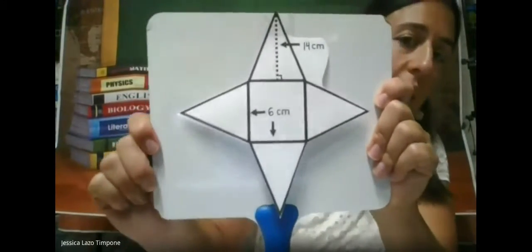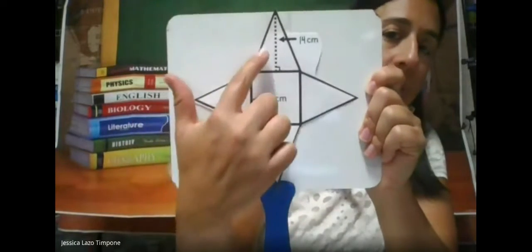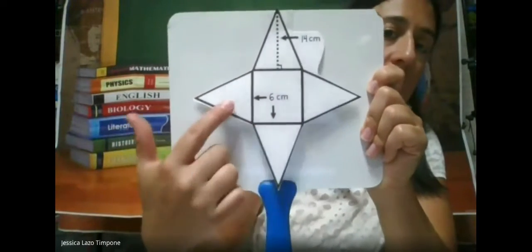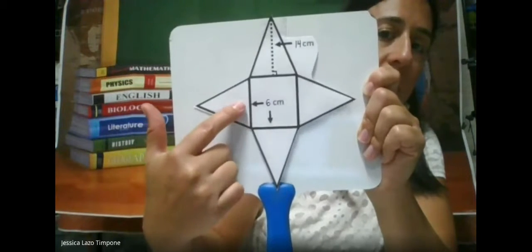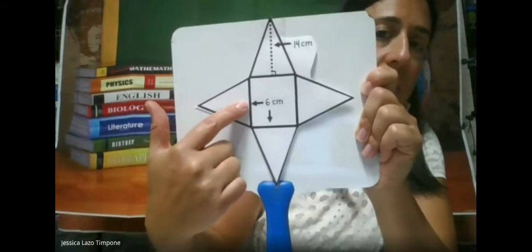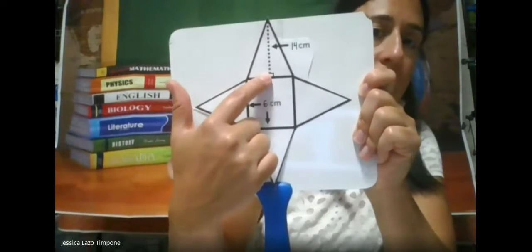So the way that you're going to draw the net is like this. And this is the net that you're going to draw. So you're going to draw a square and 4 triangles. You're going to label the square as 6 on each side, which means that the base of my triangle is also 6. And you're going to label the height as 14.